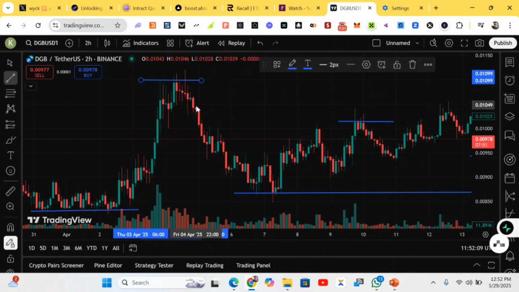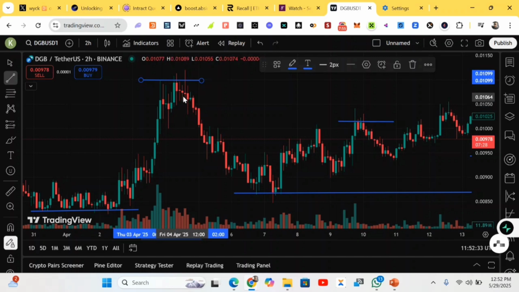As you can see, they pushed it down and it went downwards. So sellers were in control. If you have made an entry over here, let's say at this point, a short entry, you could have made a massive profit because it went downwards.